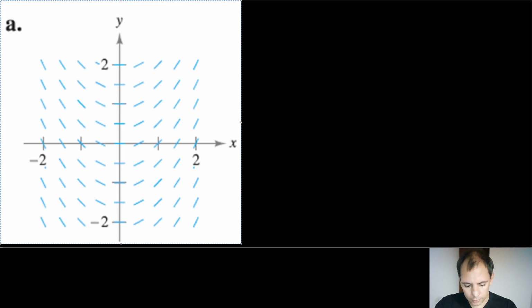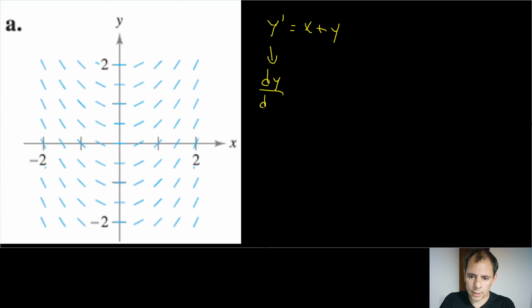So let's see. Well, I'm going to write this down. It's better. The solution here, y prime equals x plus y. Does that fit in here? No, it doesn't, because y prime is the first derivative of y with respect to x. This thing equals dy dx, which is the slope.